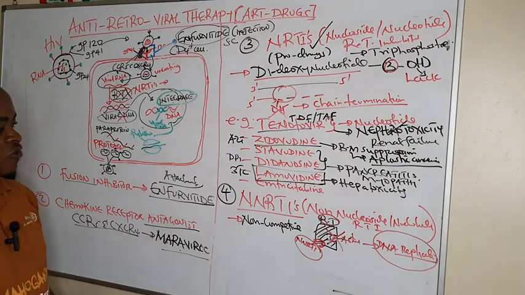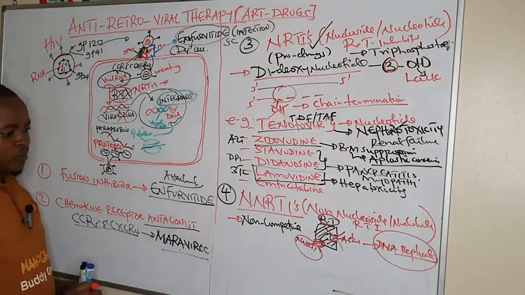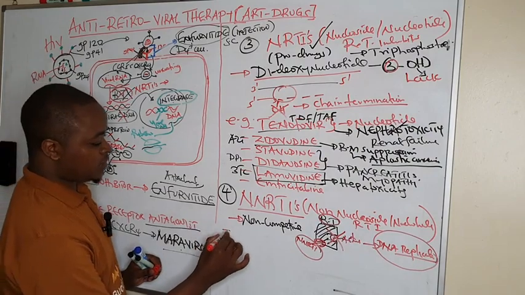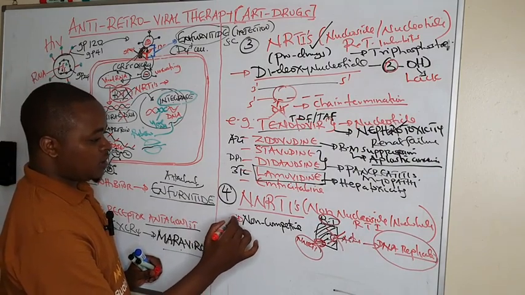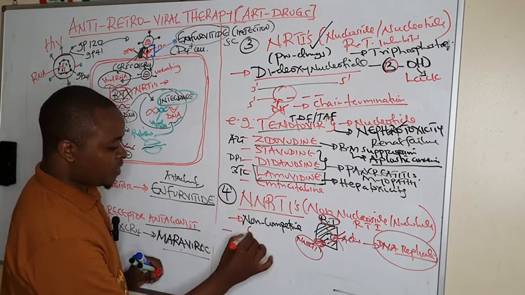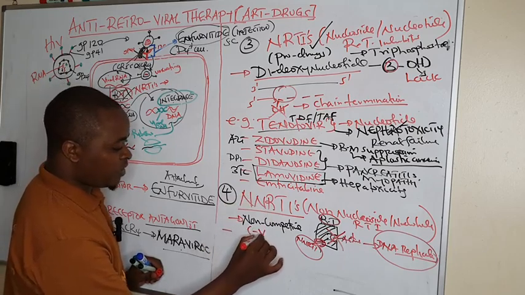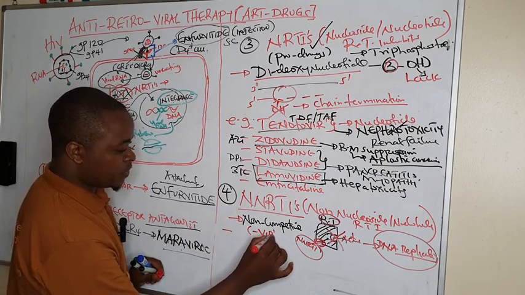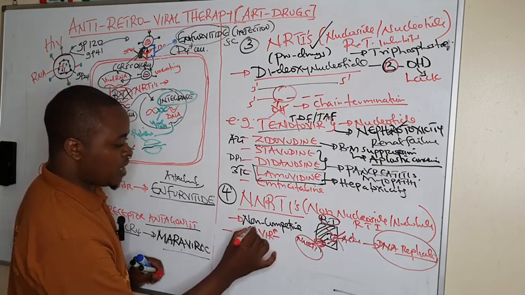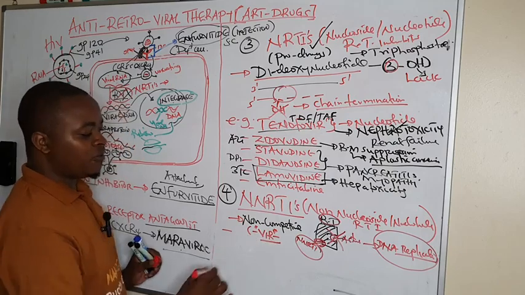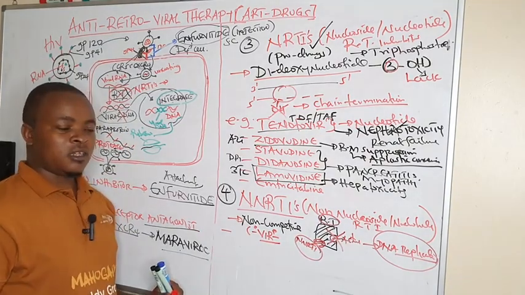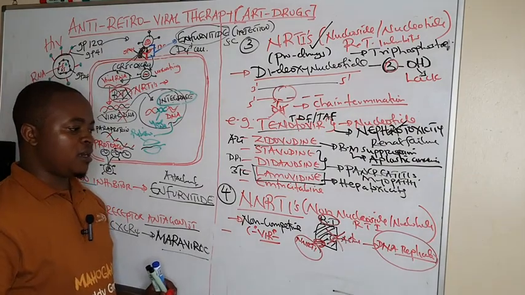And examples of drugs under NNRTIs include these drugs. In the middle, they have VIR. So if you see any drug with VIR in the middle, you know that it is an NNRTI.